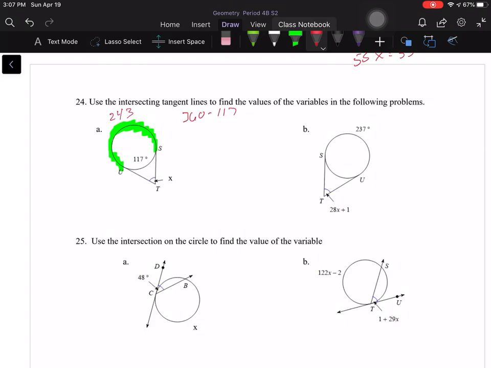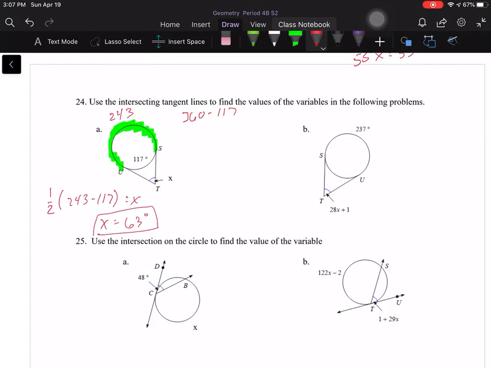So that's 243 is my green arc. So now I can do half of 243 minus 117. It's going to give me my angle. So 243 minus 117 divided by 2. So x is 63 degrees.